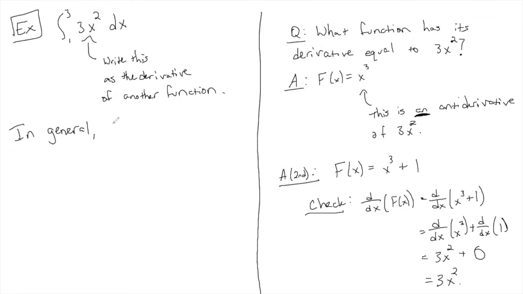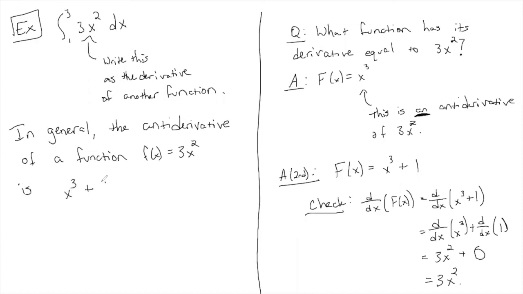In general, we can say the antiderivative of a function, in this example, f of x equals 3x squared, is x cubed plus c, where c is a constant, right?